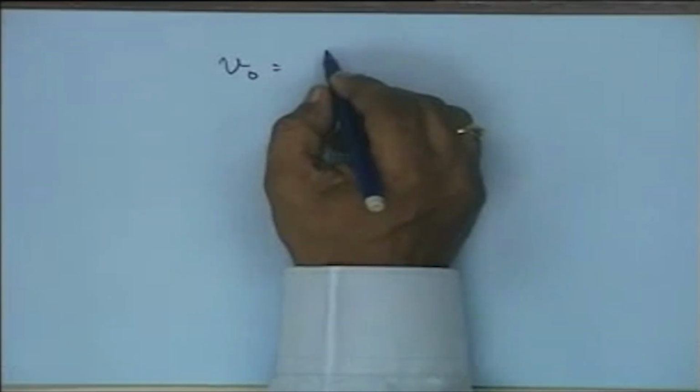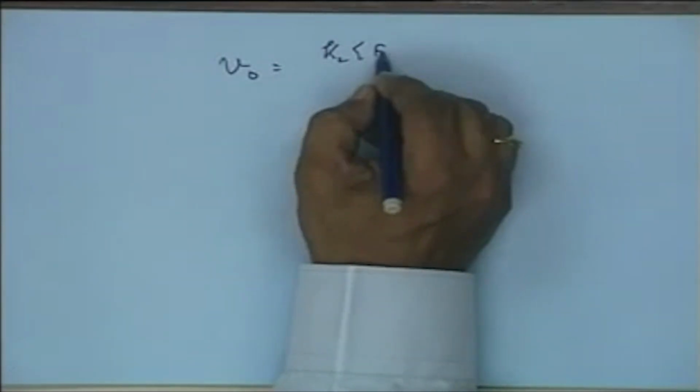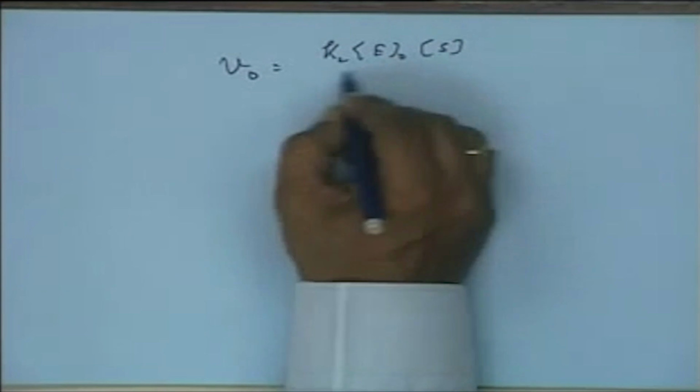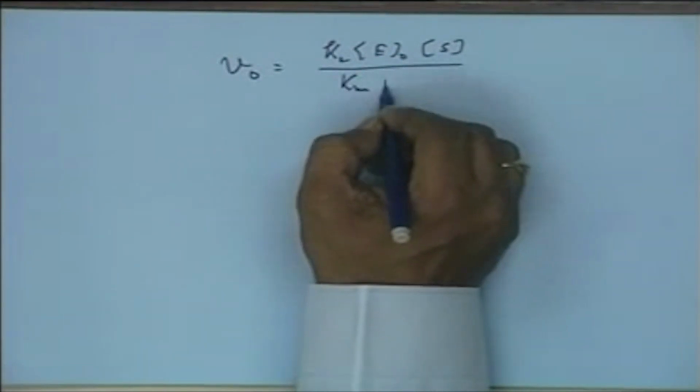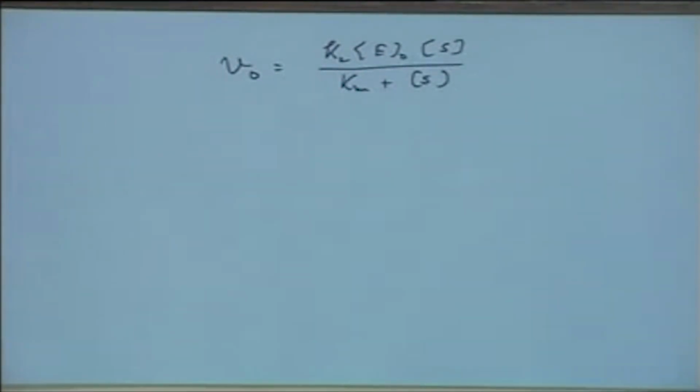Now, if you look at this kind of kinetics, let us say V0 is equal to K2 E0 into S upon Km plus S, I think you will also notice a very significant trend.